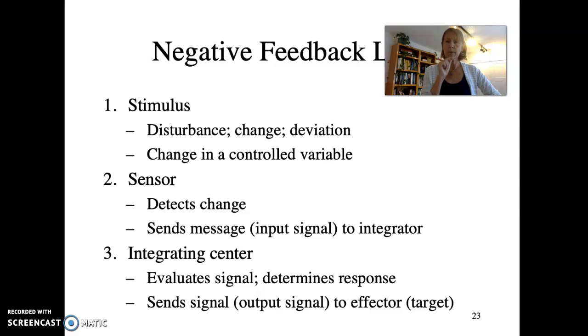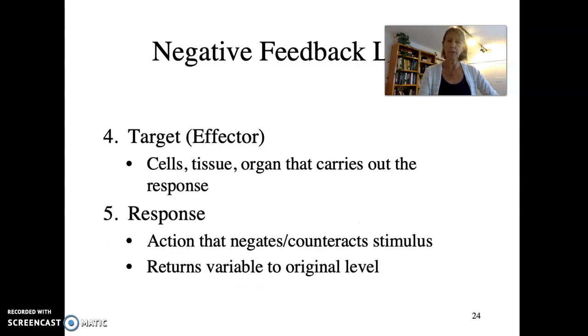And so I'm going to have to send a message via neurons to some part of the body that can actually do something about it. So the integrating center is kind of like the brain, mostly. And it's saying, okay, we're going to continue on, and I get it. We have a problem, too high. The sensors reported that. We need to change something. So let's go to 4 here. So it goes to the target, meaning who's going to do something about this? The effector.